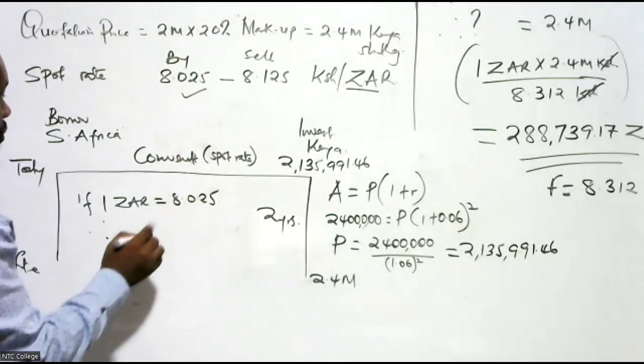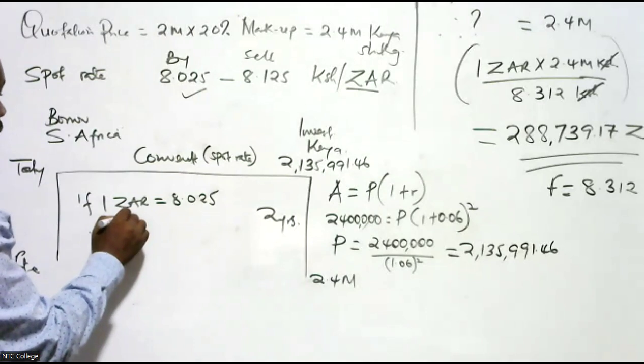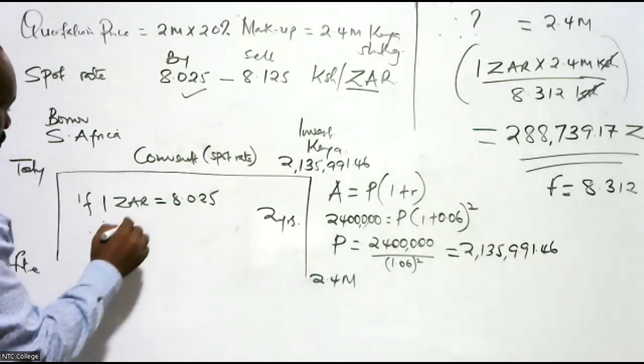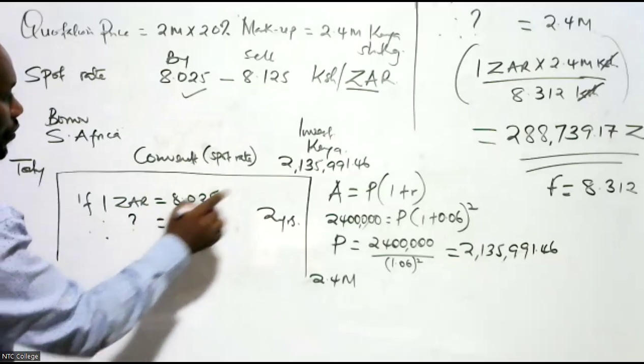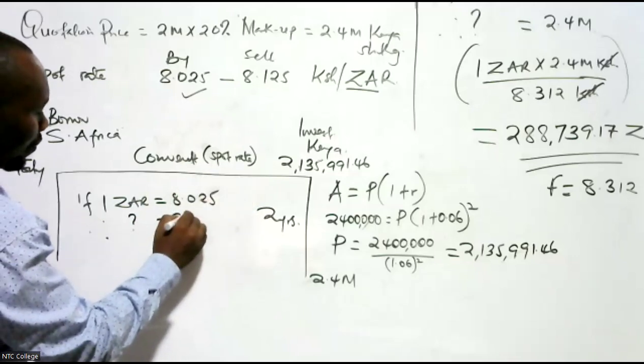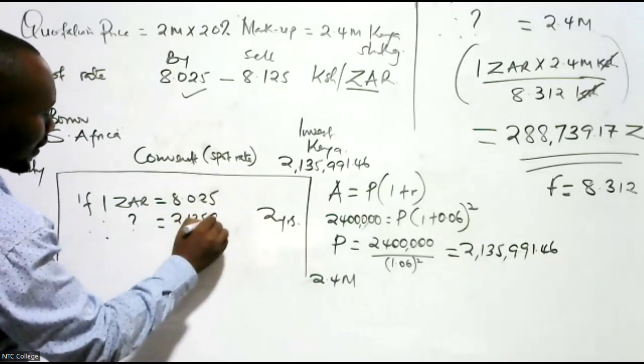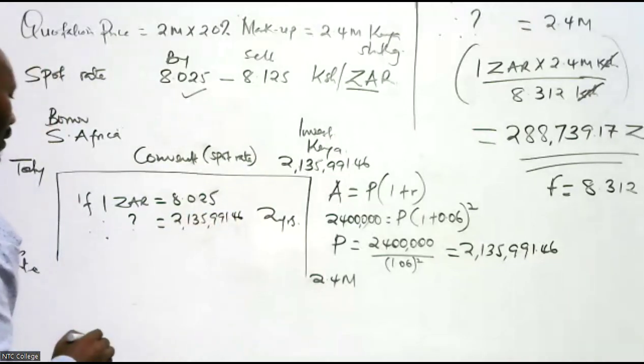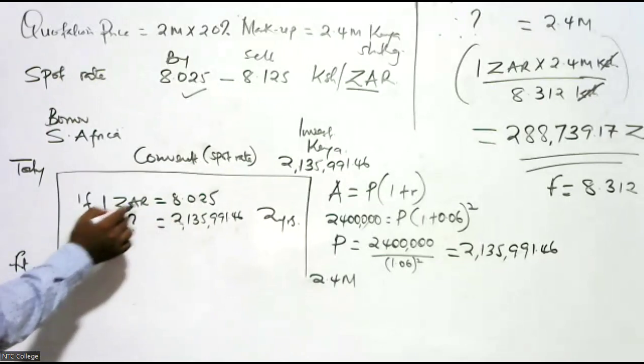Then how much ZAR am I going to borrow? Can the bank give me? So that nijue nipiga gani naenda kuborrow. So how much will be equal to 2.13599.1.46 Kenya shillings. So we need to have this times this divided.